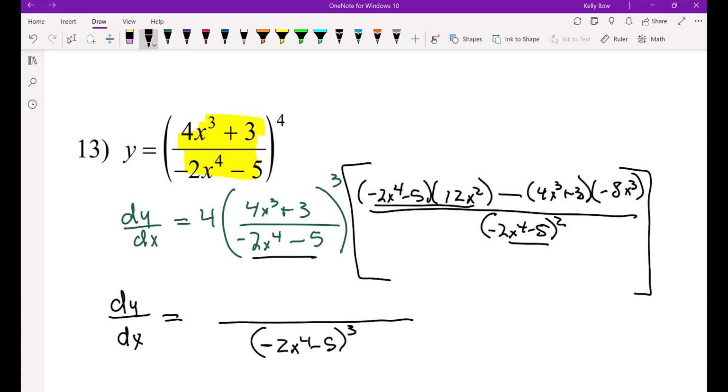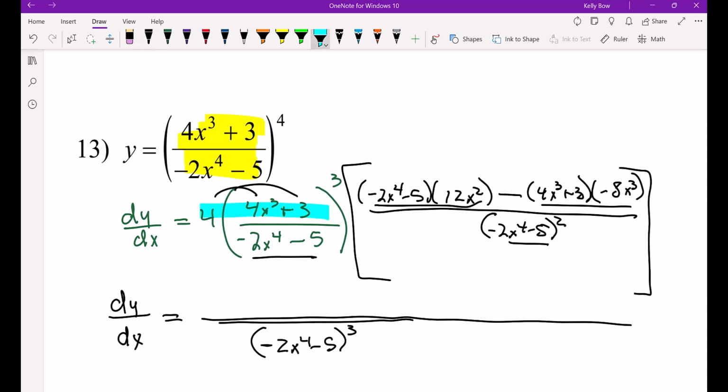And then inside there, I'm not going to take the time to do all of that, but you'd simplify inside here. And over here, you do the distributive. So maybe I will do it. So on this part right here, we're going to have 16x cubed plus 12 times this stuff. So up here, we have negative 24x to the 6th minus 60x squared.